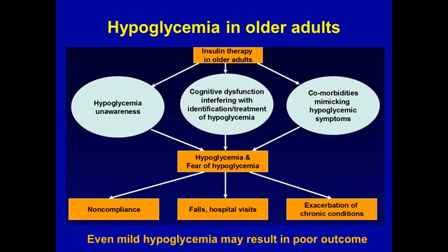And other comorbidities and treatments can mimic hypoglycemic symptoms. Subjects may develop both hypoglycemia or fear of hypoglycemia, which can lead to noncompliance with medication, falls and hospital visits, and also exacerbation of chronic conditions.